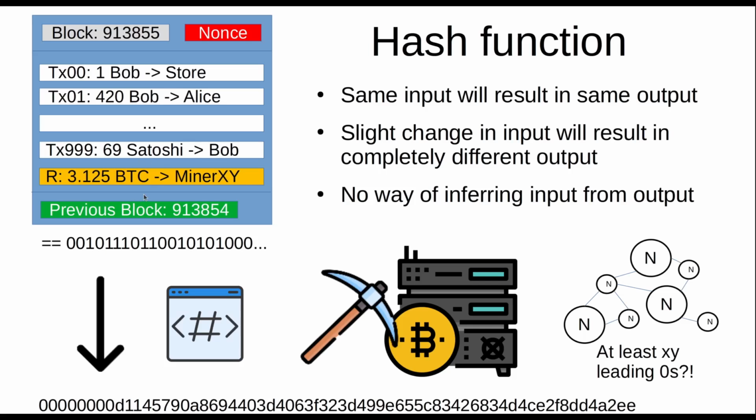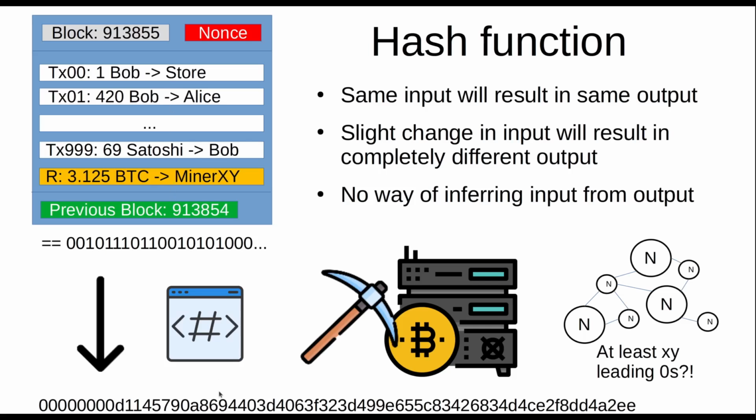And then the next important property of hash functions is that a slight change in the input will result in a completely different output. So for example, if you only switched this 0 here into a 1 in the whole sequence, right? Maybe you convert this capital S in store to a small s.